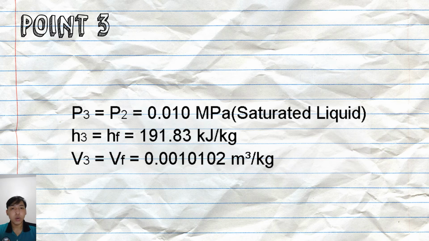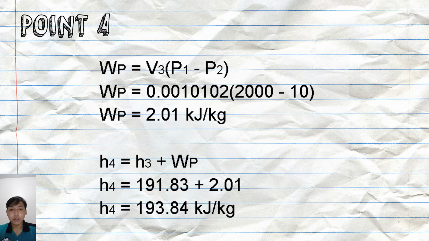And now we proceed to point 4. At point 4, we want to know the value of our enthalpy, yung H4. We know that we have a formula for solving H4. So H4 is equal to H3 plus the approximate pump work. Since wala pang value yung pump work, we need to use the formula: approximate pump work is equal to V3 times the quantity P1 minus P2.